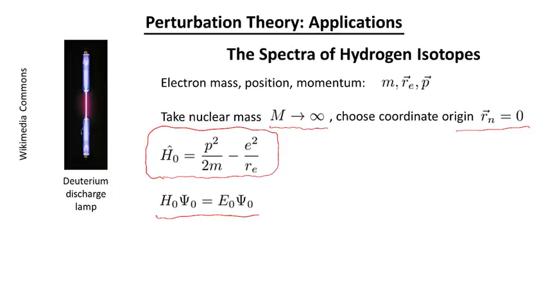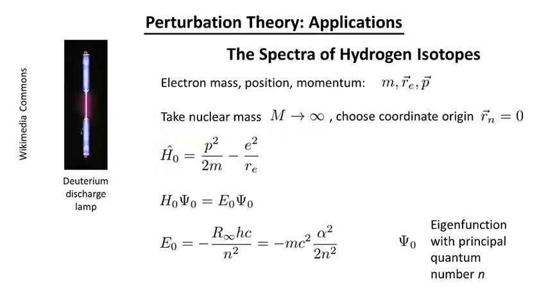So now a brief in-video quiz to give you an opportunity to understand what this equation really means. I hope that in thinking about that, you came to the conclusion that E0 is an energy of the hydrogen atom with an infinite nuclear mass, and that in fact it can be any such energy.